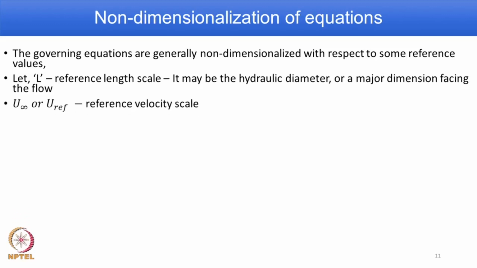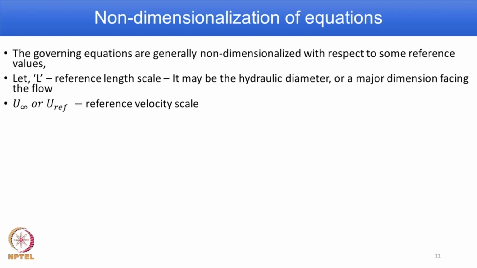Then one also needs to identify a reference velocity scale. Again, if you consider flow through a circular cross section pipe, if the inlet is uniform velocity, then that uniform velocity can be a reference velocity scale.